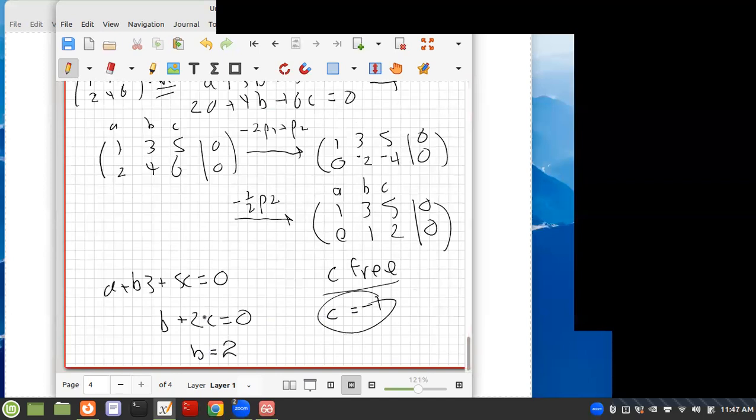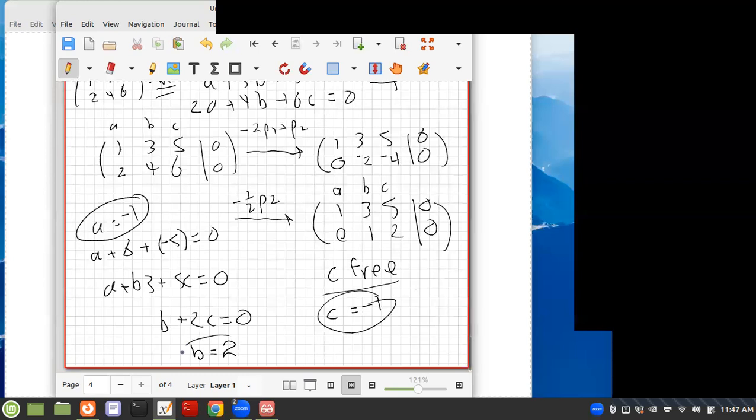And this would be A plus 2 times 3 is 6, plus -5 equals 0. And 6 plus -5 is 1, so A has to equal -1. So I found a solution with A equals -1, B equals 2, and C equals -1.